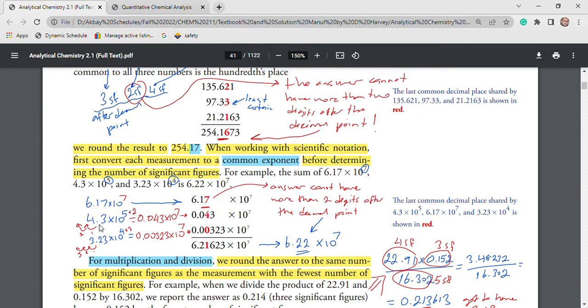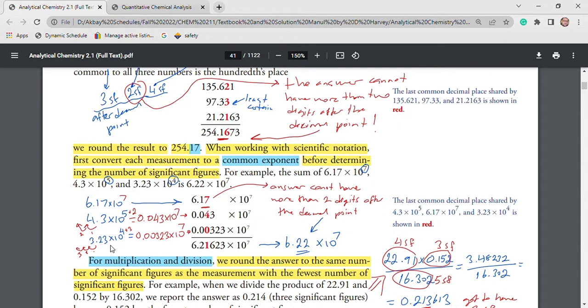By moving 2 decimal places, we're making 4.3 100 times smaller, so you have to make the exponent 100 times larger. So you add 2 to 5, that's 7. You come up with 0.043 times 10 to the 7th. Do the same thing for the other one: you move the decimal point to the left 3 times, so that you come up with an exponent of 7.